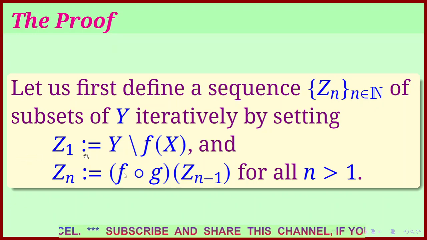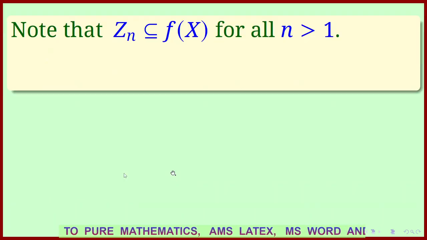But what about the other Zn's? Z2, Z3, Z4 and so on, you can see from here that they lie in the image of f. First you apply g and then apply f, so everything here is in the image of f. That is what is written here, that Zn is contained in f(X) for all n greater than 1.